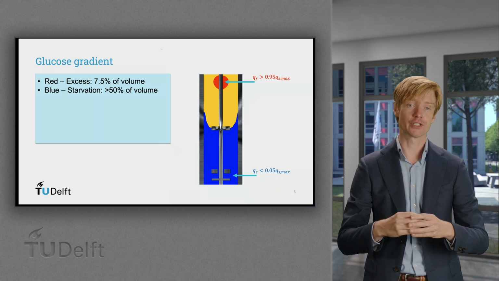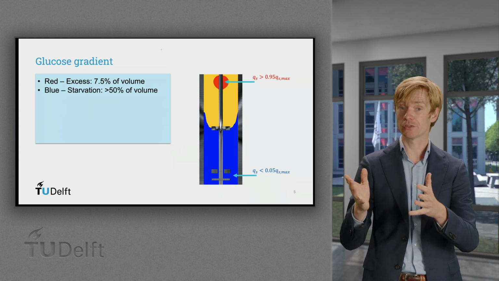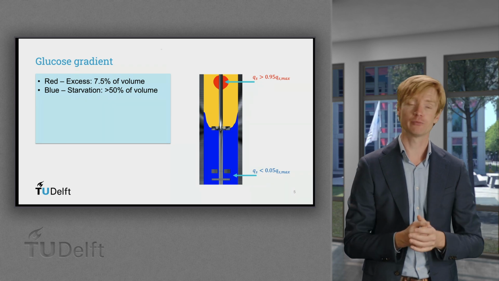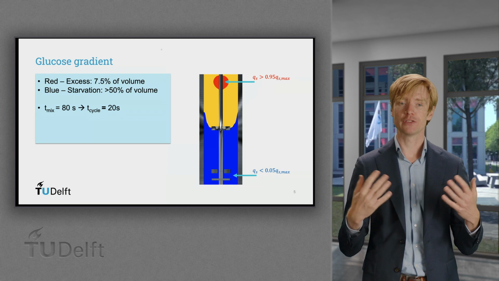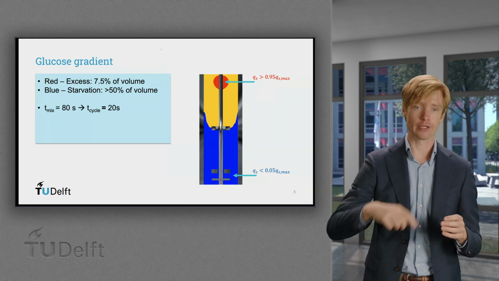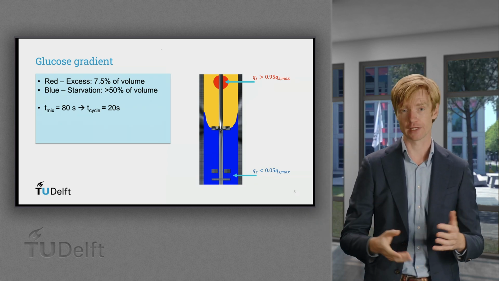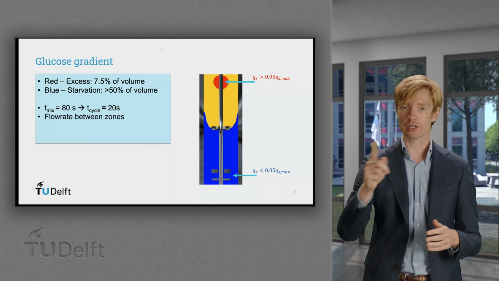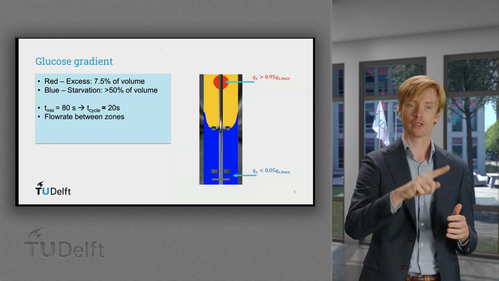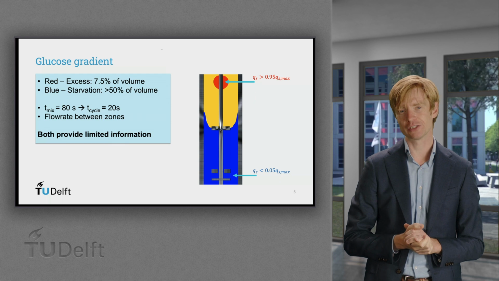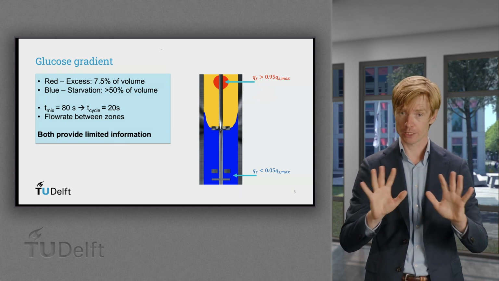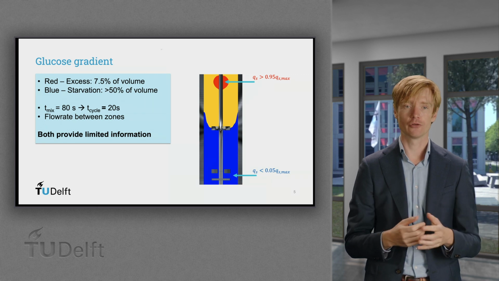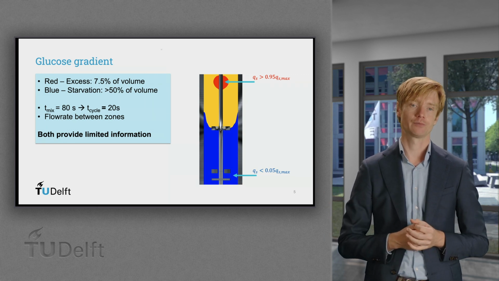But what is the residence time of the cells in each of these zones? You can make an estimation based on the mixing time. The mixing time of 80 seconds means that cells cycle throughout the reactor approximately every 20 seconds. Or you can look at the flow rates between different zones, but this measurement can be very sensitive to the position. Also, these methods from the reactor perspective do not account for the distribution of residence times.